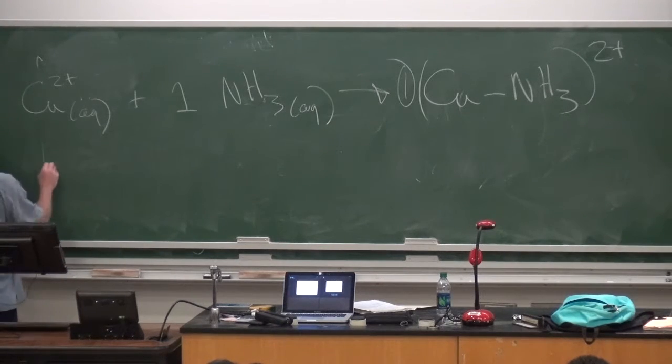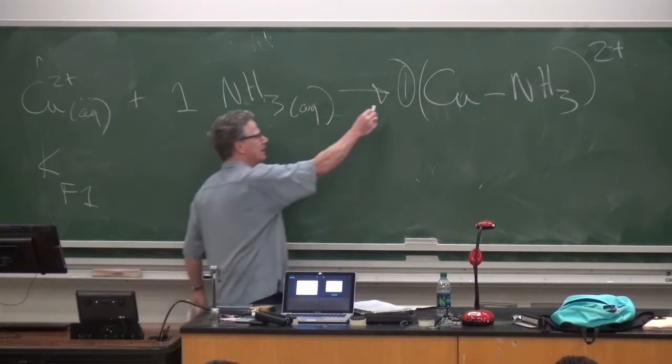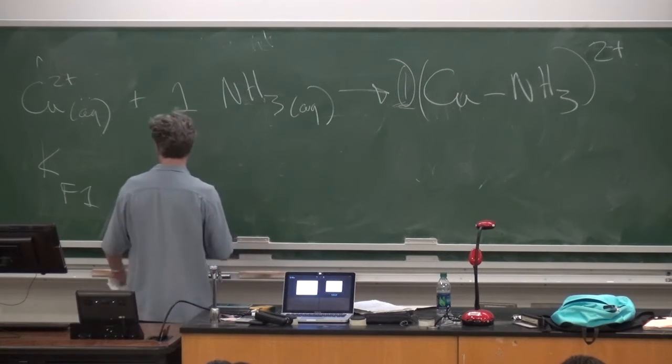We describe that by an equilibrium constant, Kf, F for formation. We're taking the metal ion and the ligand and forming the complex. We're going to call it Kf1 to note that we're making the monoamine complex.